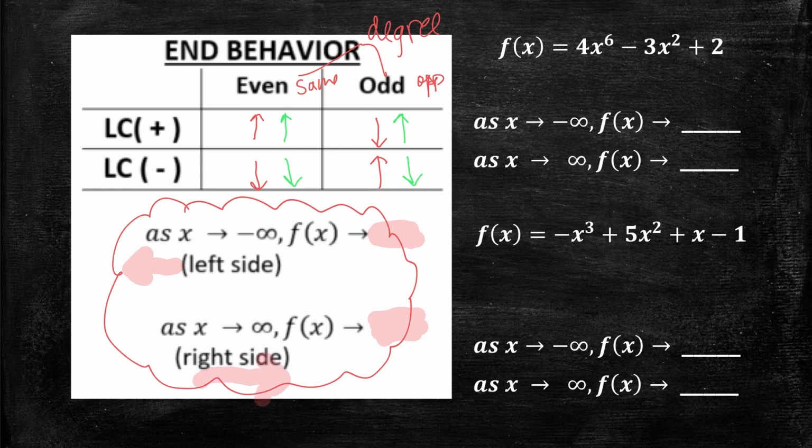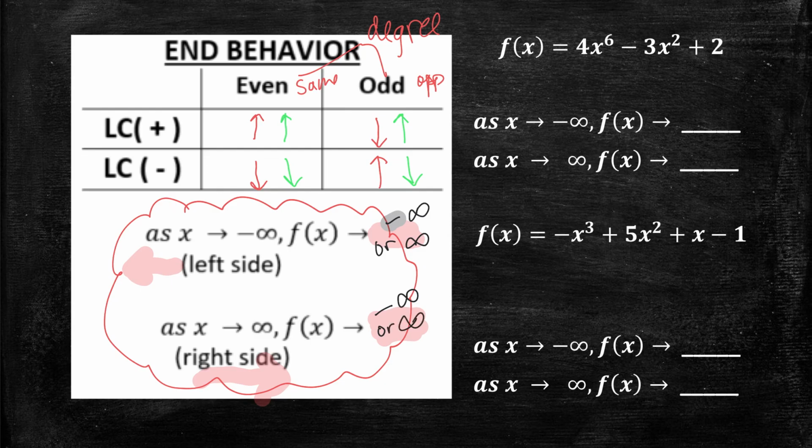And so that's what's happening on the right side. And then you would just fill in over here whether it's negative infinity or positive infinity. Same thing here, you would fill in whether it's negative infinity or positive infinity.